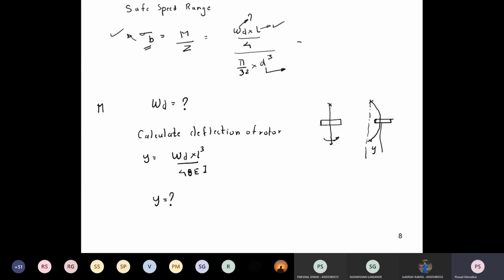It's sigma B, this is bending stress, right? Yes. Bending stress, if you remember your strength of materials equation, it is M by Z. M is the bending moment, and Z is the section modulus.